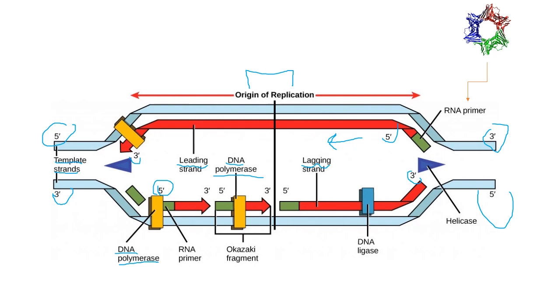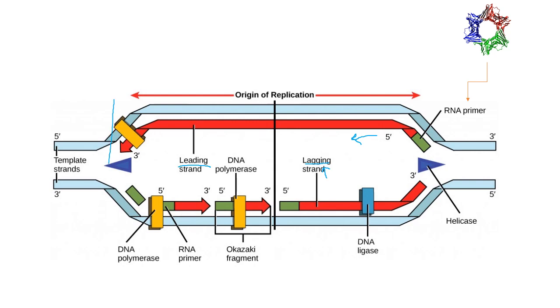Firstly, let's clean all of this. Why is this called the leading strand and this called the lagging strand? This is called the leading strand because the DNA polymerase directly and continuously synthesizes this new strand in the 5' to 3' direction by putting in the DNA bases directly, while in the lagging strand, the DNA polymerase has to keep racing up next to where the unwinding happens, which results in a series of small fragments called Okazaki fragments.